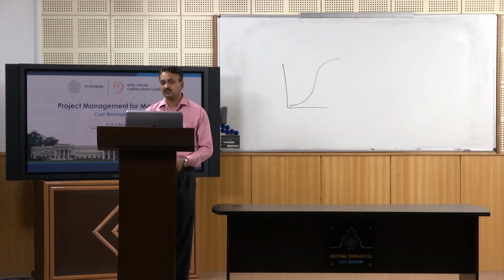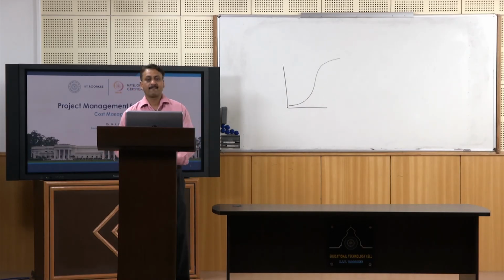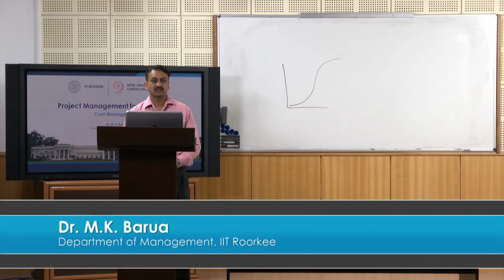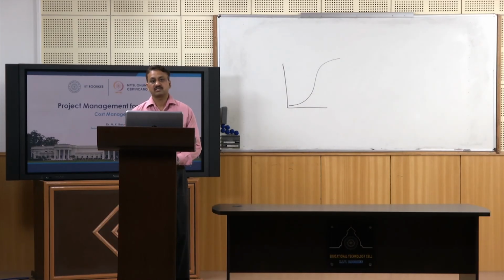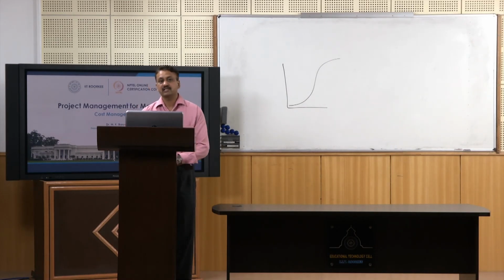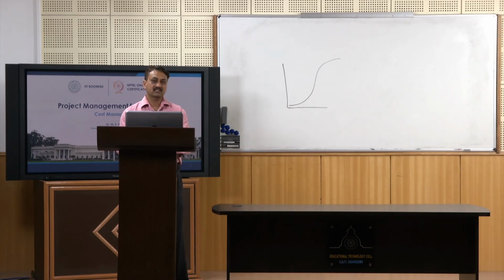So, let me summarize what we did in this session. We looked at planned value, we looked at earned value, we looked at what is actual cost, and we have seen that earned value management is a method to measure performance of the project on all those 3 criteria, while the other methods like milestone analysis or Gantt chart, these 2 methods have got several drawbacks.